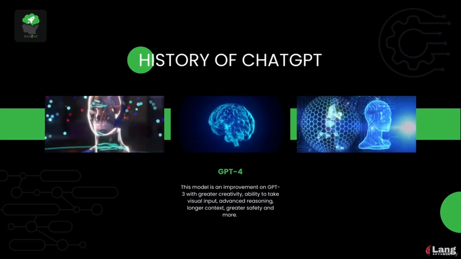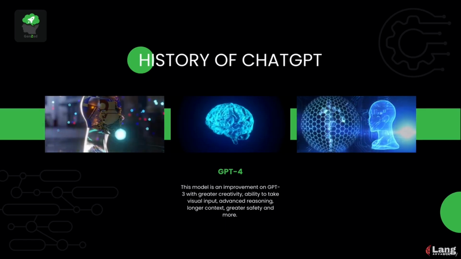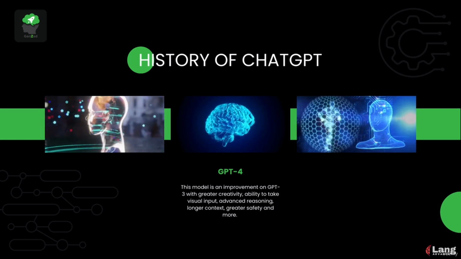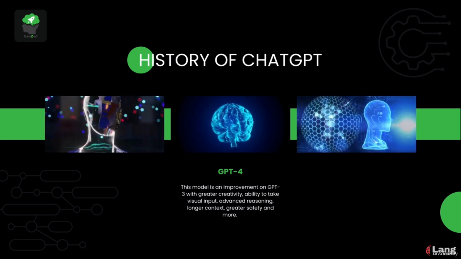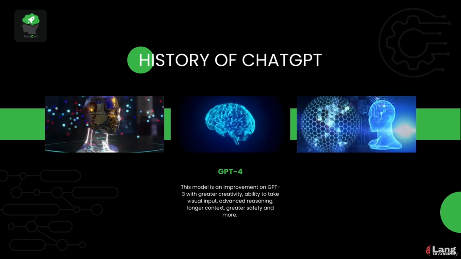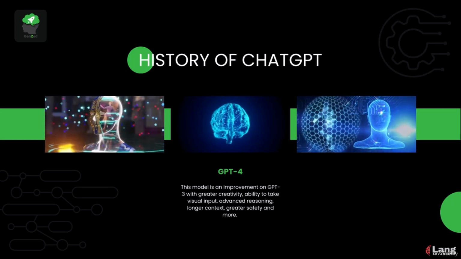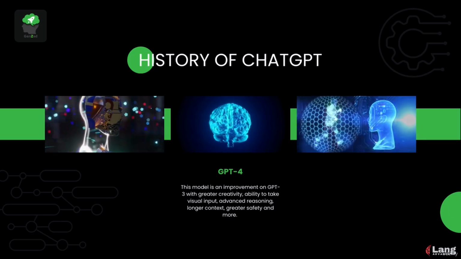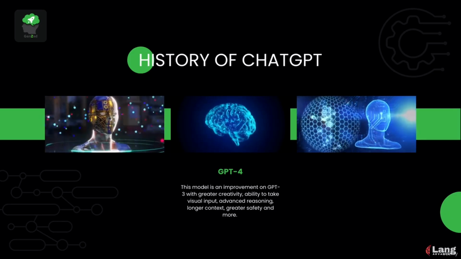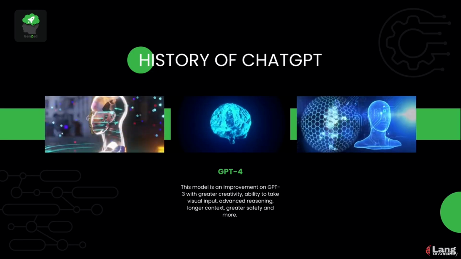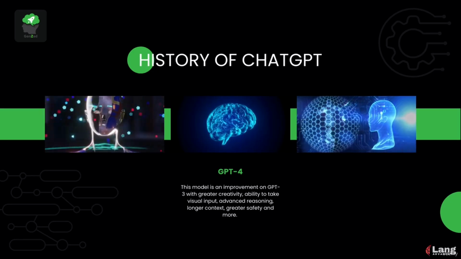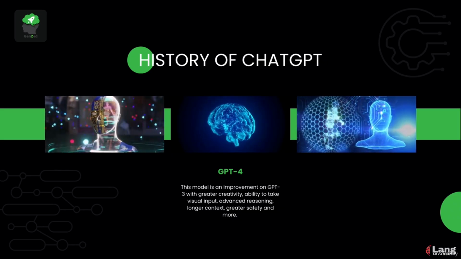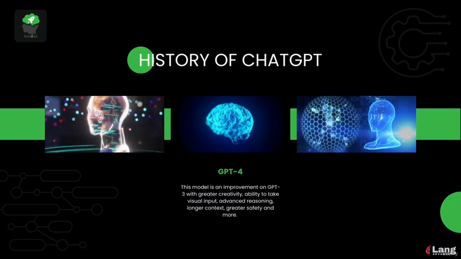It has advanced safety alignments in place, and most importantly, and most impressively, it actually has the capacity and capability to process and describe visual inputs, which is something that has been unheard of in any of the previous ChatGPT updates. So I hope that gives you guys a little bit of context about the newest version of ChatGPT, which is ChatGPT 4. And we're absolutely looking forward to leveraging ChatGPT 4 throughout this course as well.